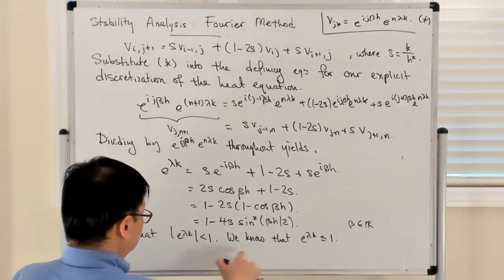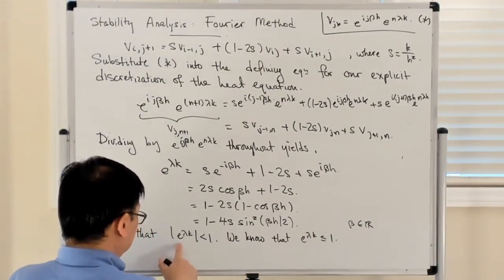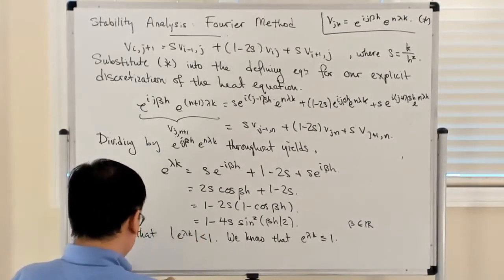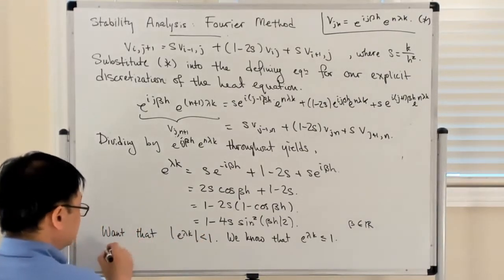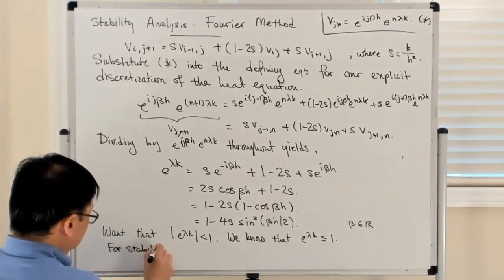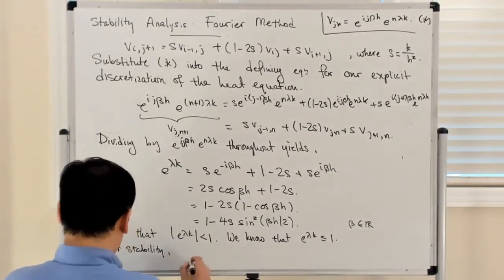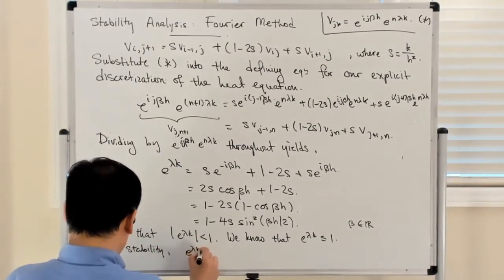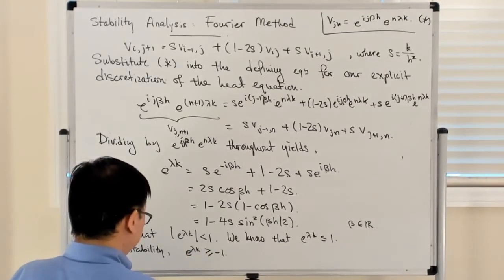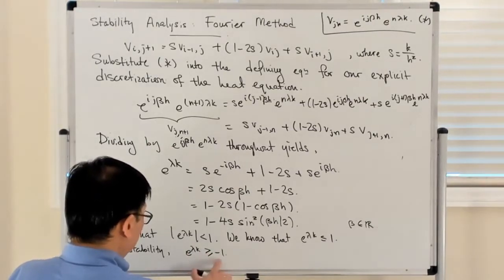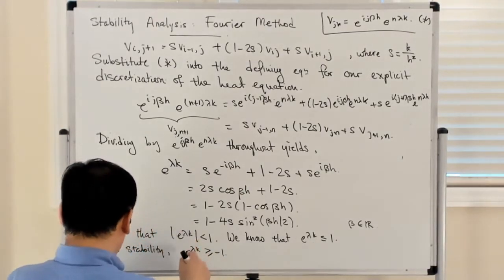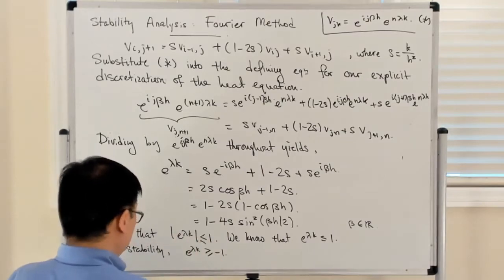So what you need is to take away the absolute values and put a minus sign there. For stability, we want e^(λk) to be greater than or equal to minus 1. Then the norm of this is going to be less than or equal to 1.